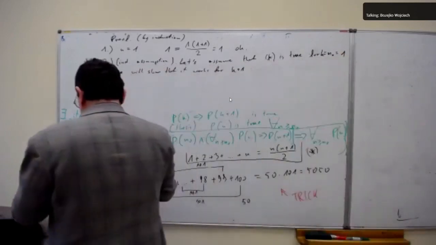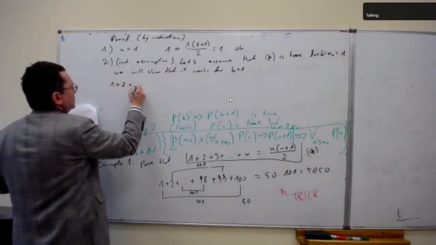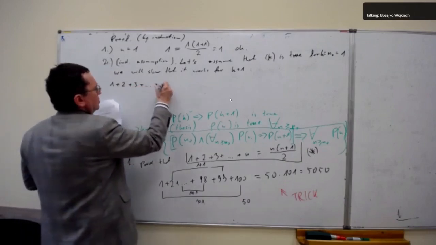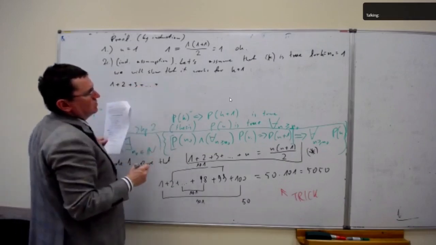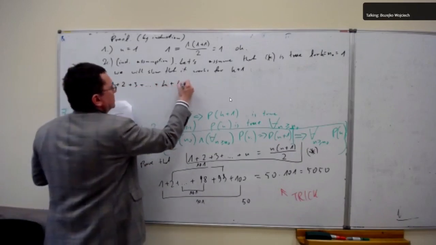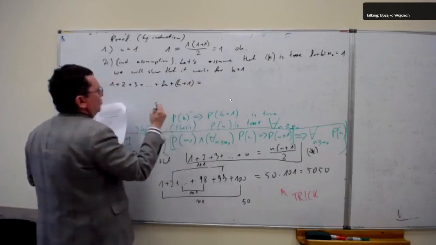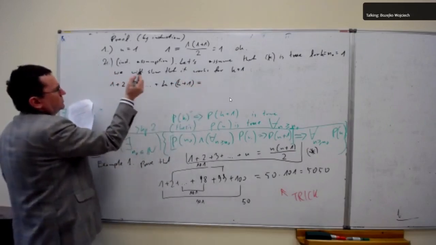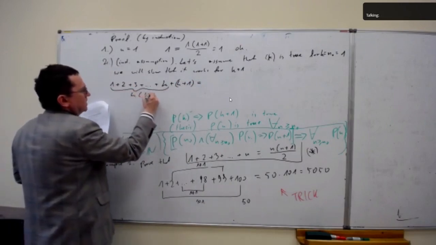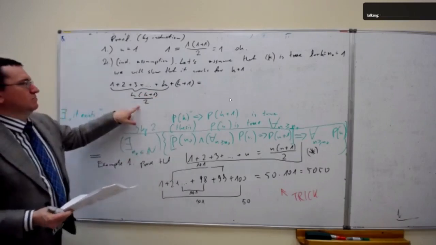Okay, so we have like this: 1 plus 2 plus 3 up to, let it be k plus 1. And now, from the assumption, we have that this one is k times k plus 1 divided by 2, because it was the assumption.